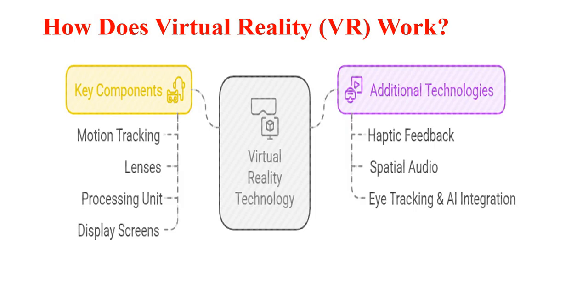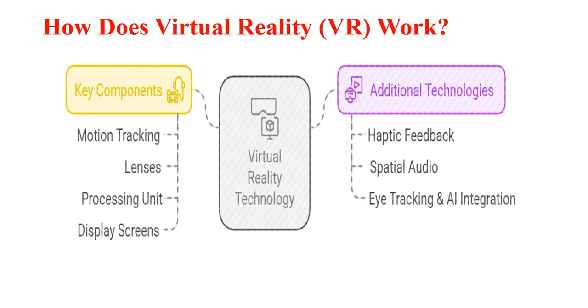Next you have the processing unit for interaction, where the VR system processes user inputs like movements, gestures, and actions, and it renders and updates the virtual environment in real time, ensuring smooth interactions. Then you have display screens for immersion, where the head mounted display shows the user's perspective through the lenses, and high resolution screens create a seamless, lifelike experience by reducing motion blur and lag.